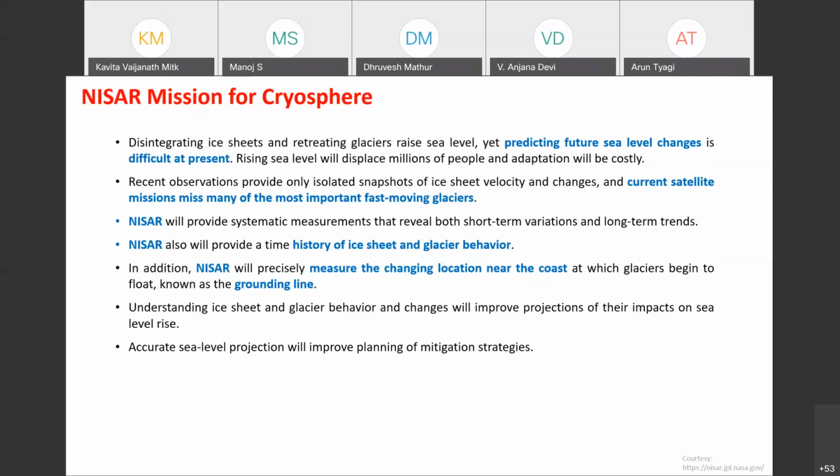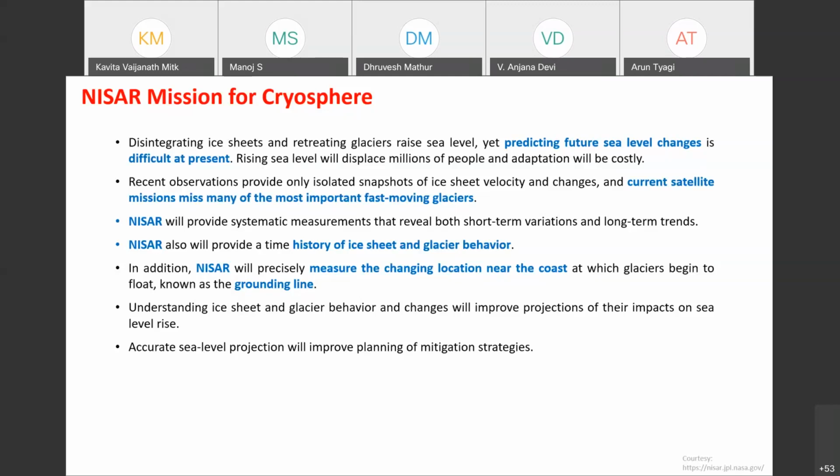Further, the current satellite missions miss many of the most important fast-moving regions, meaning those having very high velocity. The NISAR mission will also provide a time history of ice sheet and glacial behavior.